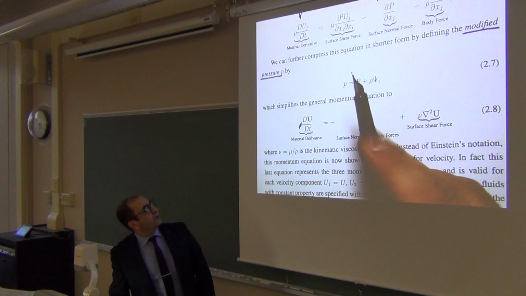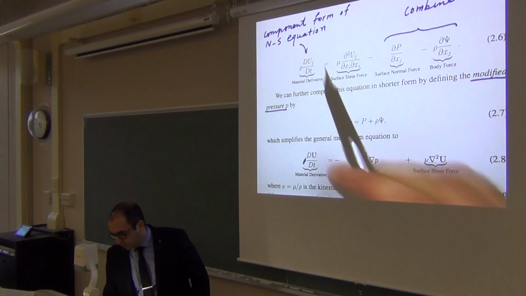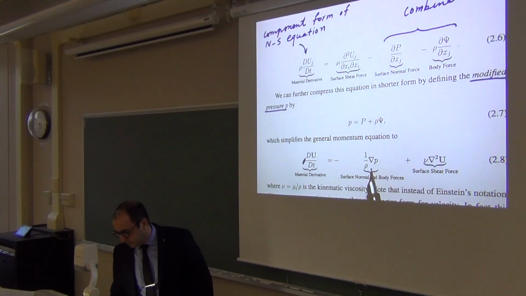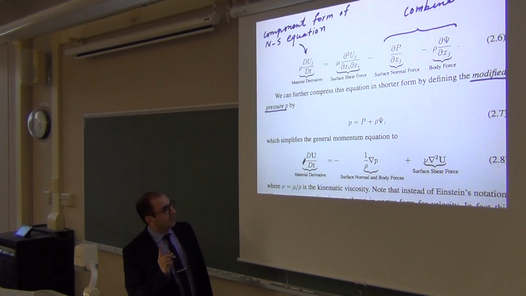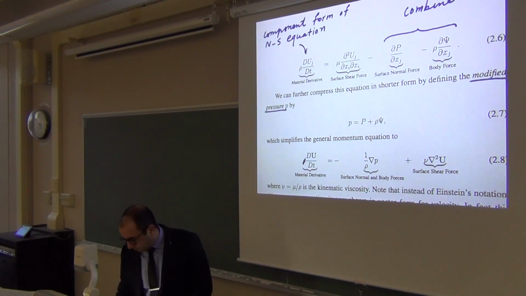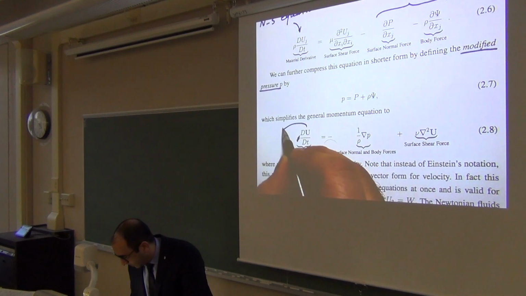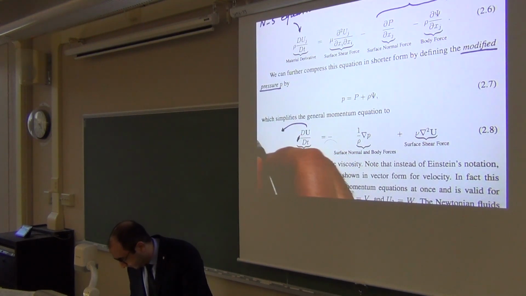I divide both sides of this equation by rho or density, so it's not on the left-hand side anymore. So I have 1 over rho. I'm also doing something else. From the component form, I went back to the vector form. So now this u is a vector.